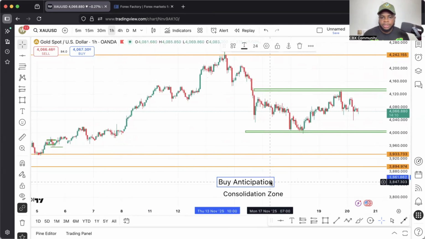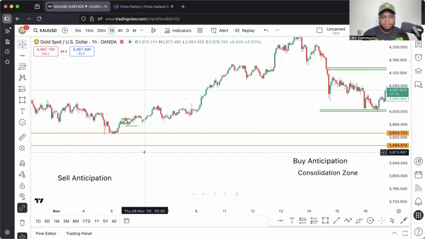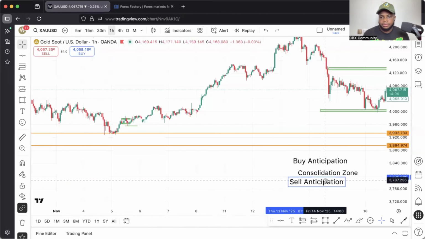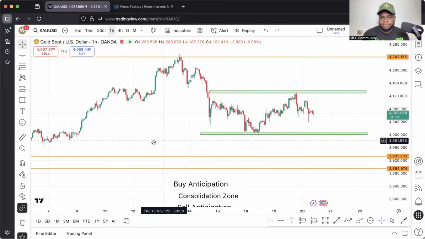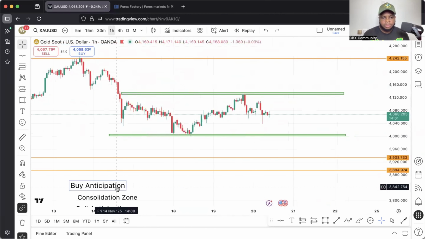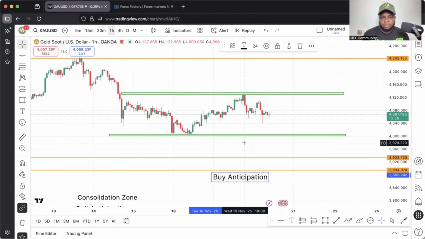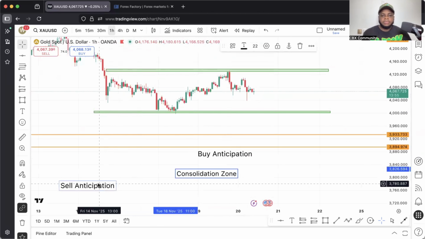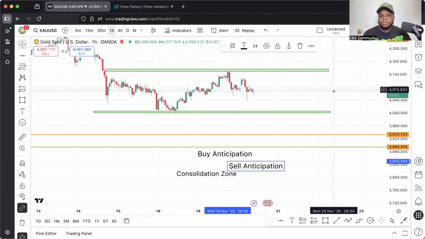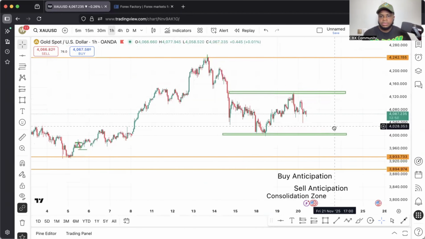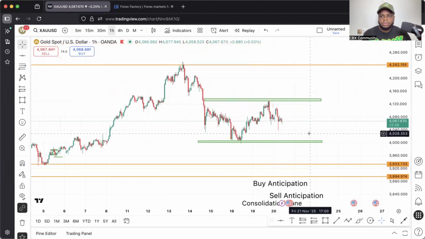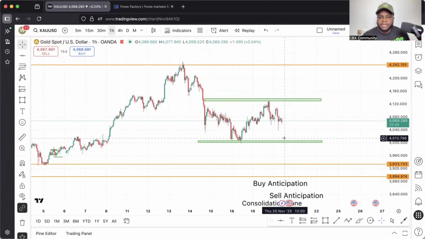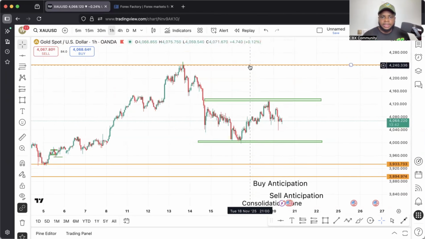Let's bring this closer since we use it. Looking at the candle formation, we have a resistance zone over here and a support zone and a resistance zone.